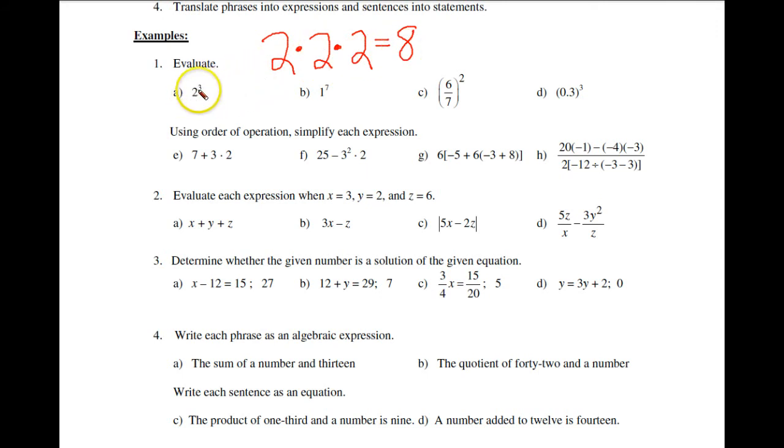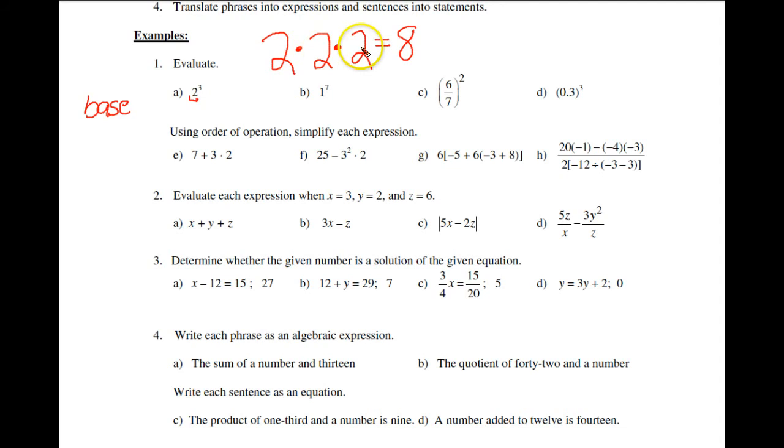And what they're showing here, and they're using a shortcut that we use in mathematics, where the factor that we're going to multiply by itself, this is called a base. The 2 is the base.